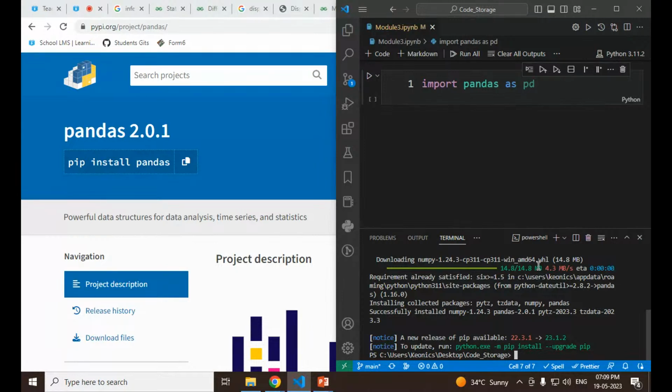Again, you will upgrade. If the pip is not installed, it is not installed.